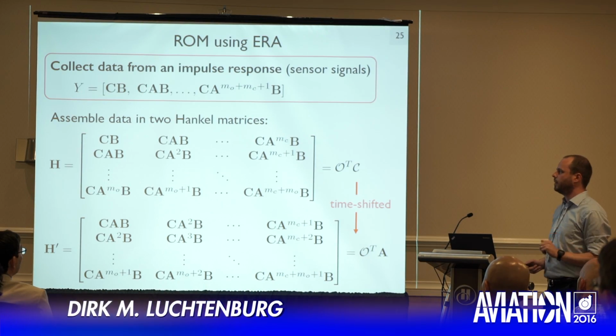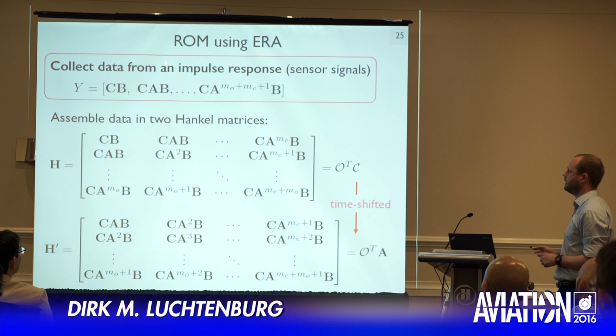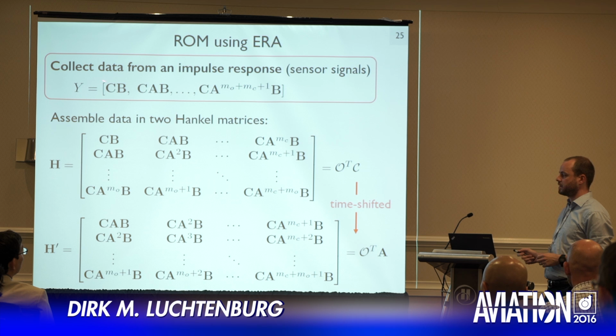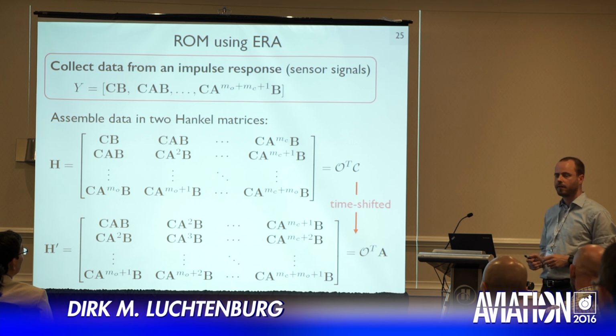Okay, so here's practically how you would work with the ERA method. Here you see again a snapshot matrix. This is basically an impulse response of the linear system, so just read this as a sensor signal, right?